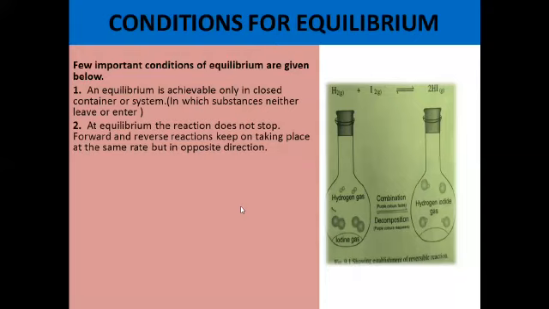Second, at equilibrium, the reaction does not stop. Forward and reverse reactions keep on taking place at the same rate but in opposite directions. You can see hydrogen gas and iodine gas combine to form hydrogen iodide gas, so in the forward direction the purple color of iodine fades or becomes lighter.